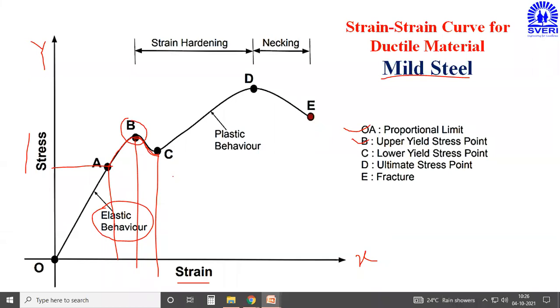If I am increasing the force, there is a change in dimension, means there is an increase in strain, but sometimes there is a possibility of decrease in stress, and that happens from portion B to C. There is an increase in strain, but there is a decrease in stress, and this point C is called the lower yield stress or lower yield stress point.